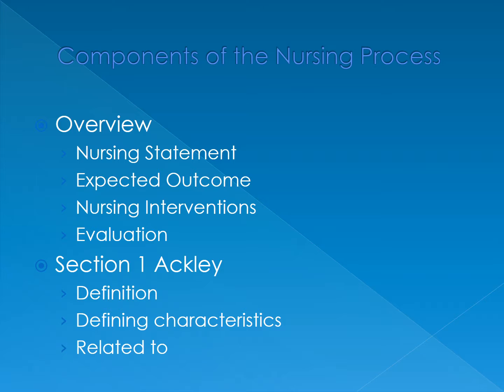Going on down, fatigue, GI upset, weight change, anger, difficulty watching, concerns about family members, family conflicts. So I keep on looking down, and I find the ones that are appropriate for my patient or family member, and I say, yes, I see these things. This gives me the as evidenced by that we're going to need in that 3-part nursing statement.